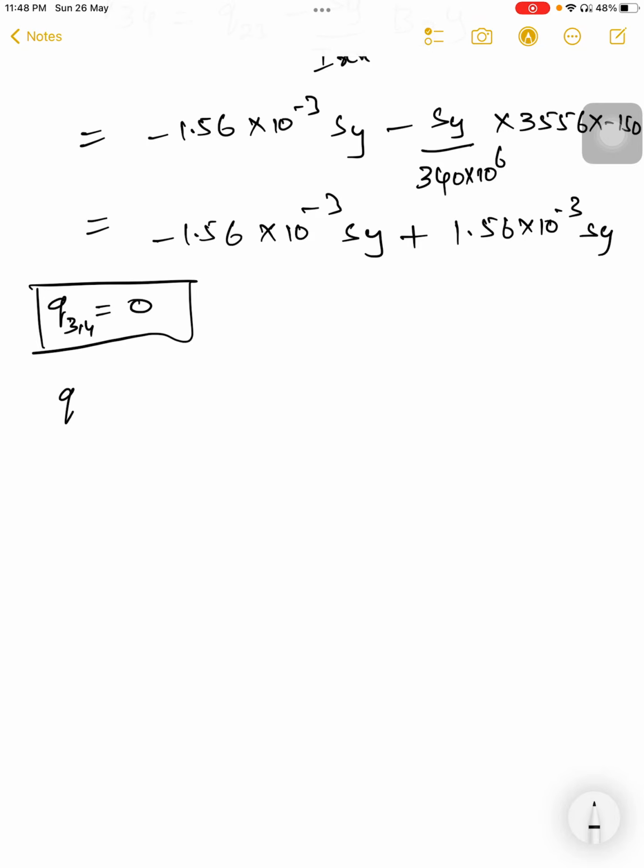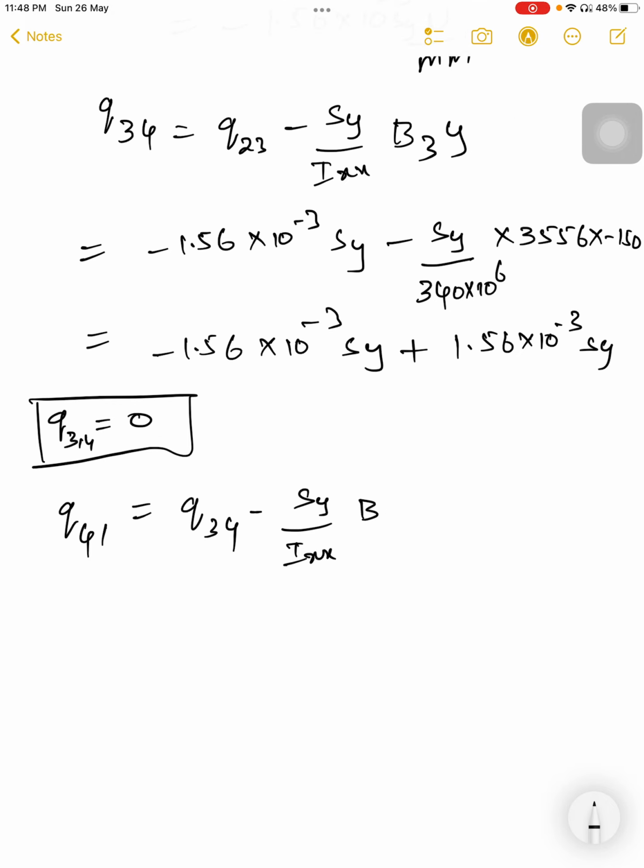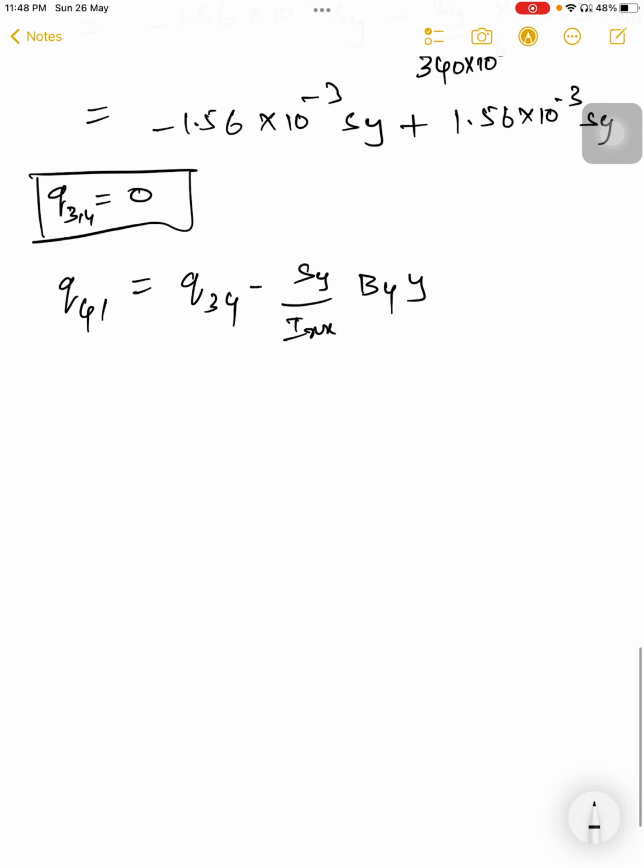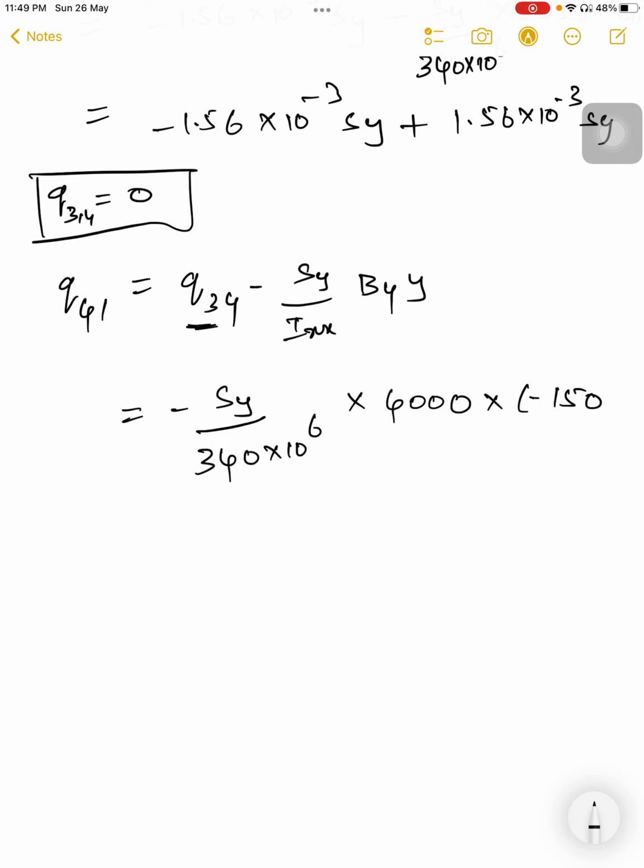So now Q41 equal to Q34 minus Sy divided by Ixx B4 into y. Q34 is 0, therefore minus Sy divided by 340 into 10 power 6 into 4000 into minus 150.